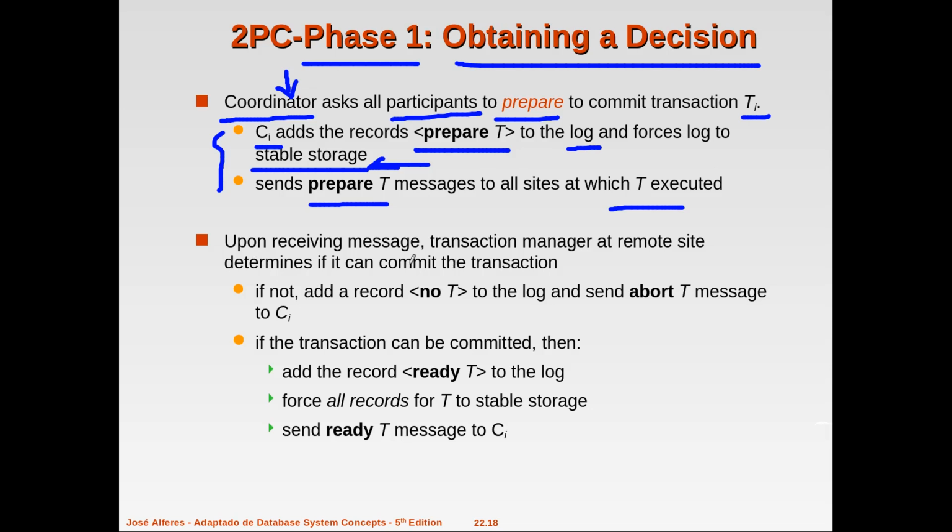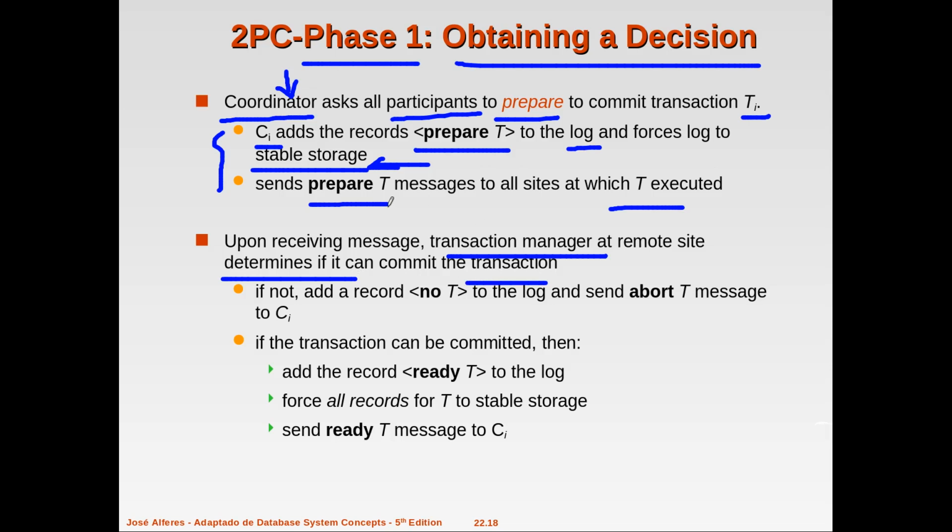Several sites will be receiving the message prepare T. Upon receiving this message, the transaction manager at those sites will receive whatever message the transaction coordinator sends, and the site will determine if it can commit the transaction.